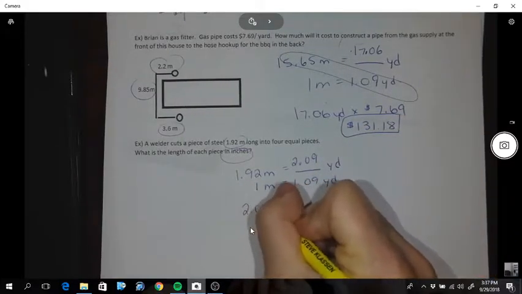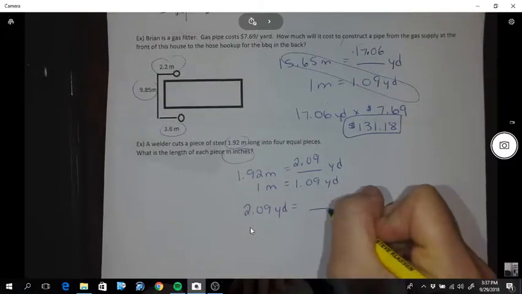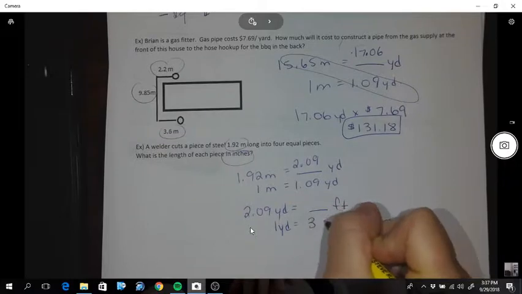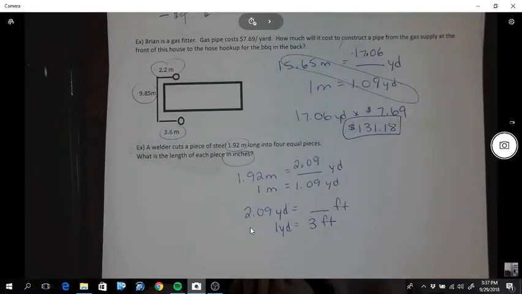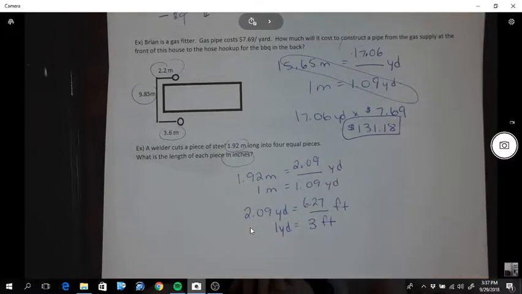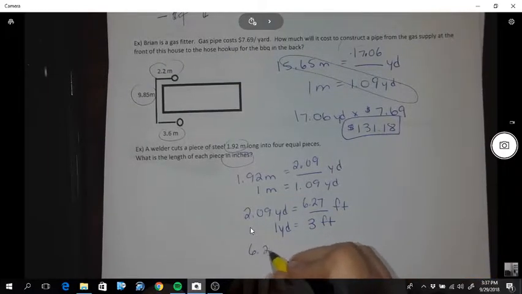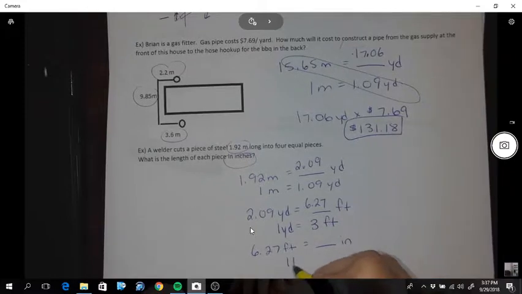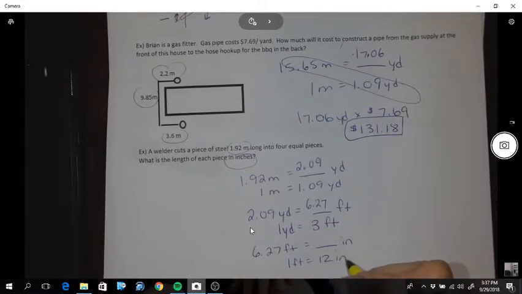So let's repeat, and we're going to go yards to feet. I know 1 yard has 3 feet in it from my table. So 2.09 times 3 is 6.27 feet. Now 6.27 feet, I want to get that to inches, and 1 foot is 12 inches. So now I'm multiplying by 12.